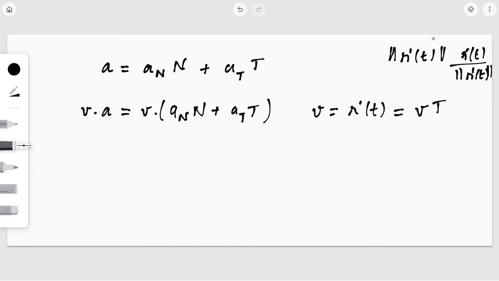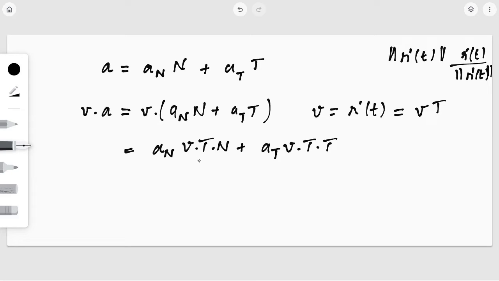So combining these, we get capital V, that is r dash of t, equal to small v into t. Now what will this be? This will be equal to a_N into v into t dot n plus a_T into v into t dot t, opening this dot product.